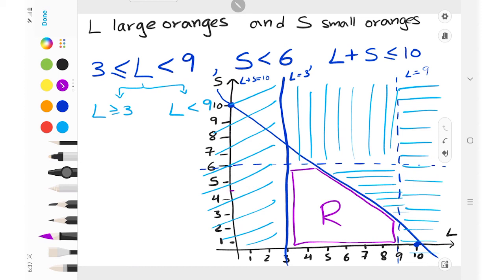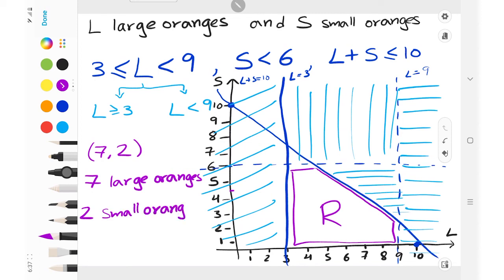So my solution will be, let's take 7 and 2. 7 and 2 means 7 large oranges and 2 small oranges. And of course, these two numbers will satisfy all 3 of my inequalities.